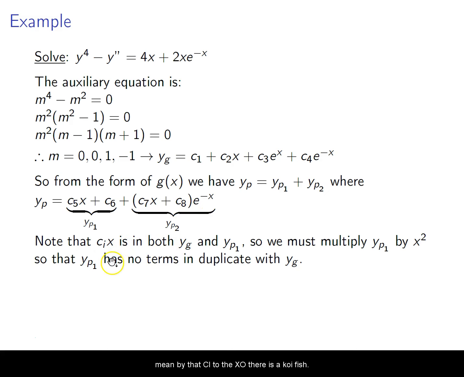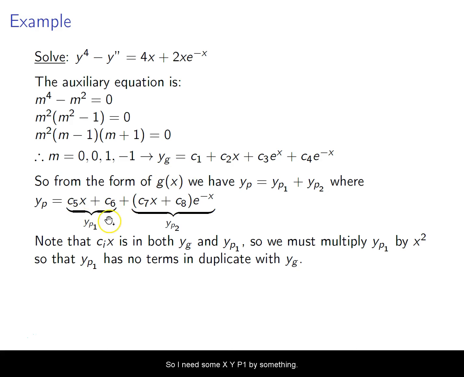What do I mean by that? There is a coefficient, because it happens more than once, being multiplied times x. So c5 is in my y p, so c5 times x, and in my general solution, I also have c2 times x. So I have two things that are the same. Also, c1 and c6, those are also the same.